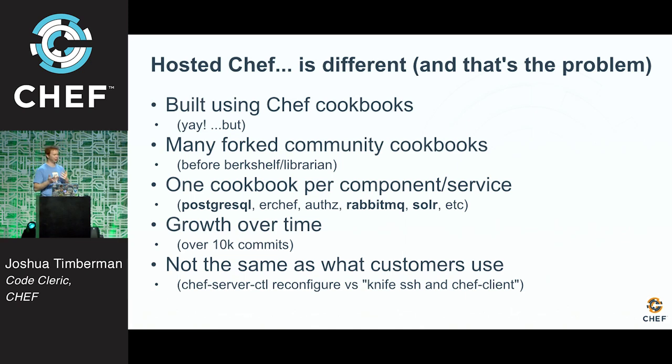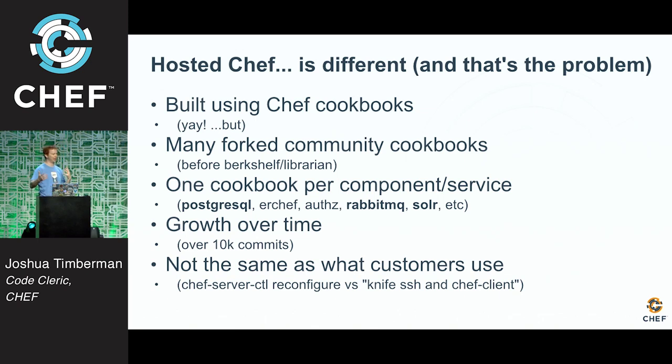So we use Chef to build hosted Chef, of course, that's awesome, but most of the cookbooks that we use for that were forked community versions for things like Postgres and Nagios and Erlang and Java and all the other things that are in components. We've got Solr and RabbitMQ, and they all have community cookbooks, and we forked those with the knife cookbook site install command long ago.